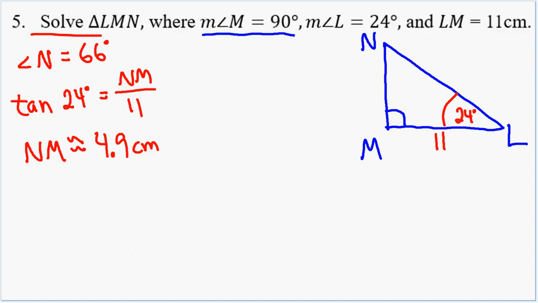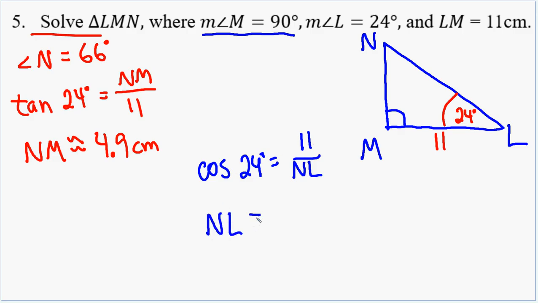All right. Let's see here. We want the hypotenuse, NL. So we're at 24. We have the adjacent side 11. We want hypotenuse. Adjacent and hypotenuse means cos. The cos of 24 degrees equals 11 over NL. Multiply by NL, divide by cos 24.